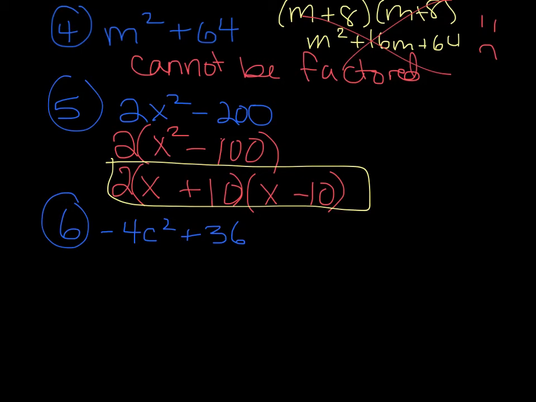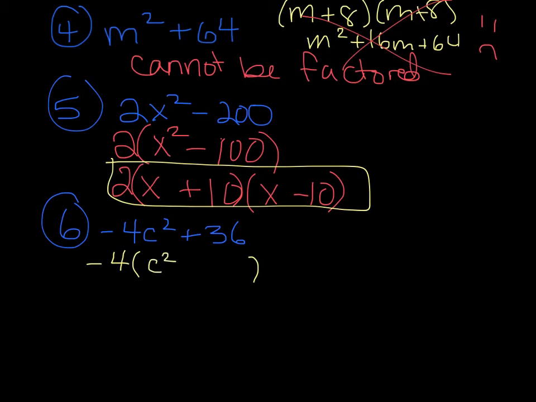The other thing that you might notice is that 4 and 36 have a common factor of 4. So you're actually going to factor out your GCF of negative 4. What makes this weird is that negative. Our first term, negative 4c squared divided by negative 4, is just going to give us c squared.